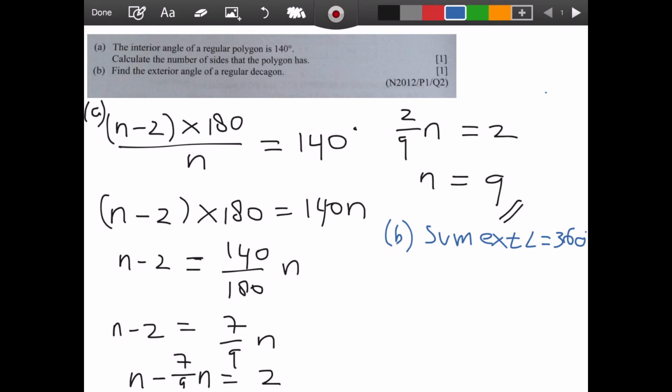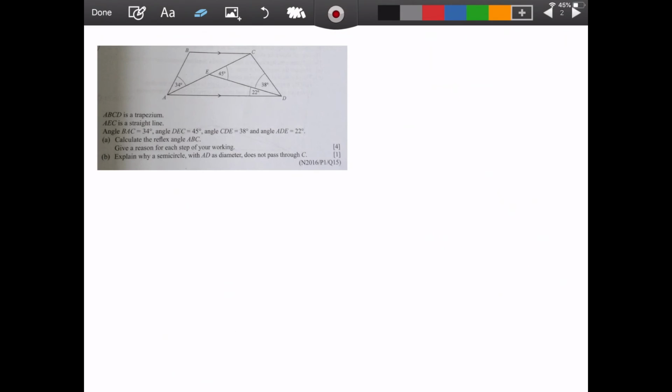Now they say find the exterior angle of a regular decagon. We know decagon means 10 sides, right? So what we do is we just take 360, so exterior angle is 360 divided by 10, and we get 36 degrees. This is the answer. Okay, let's look at the next question.